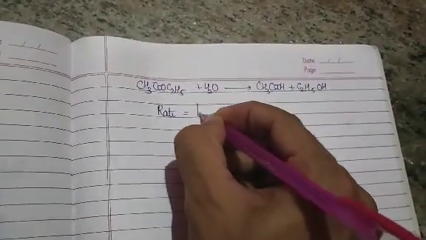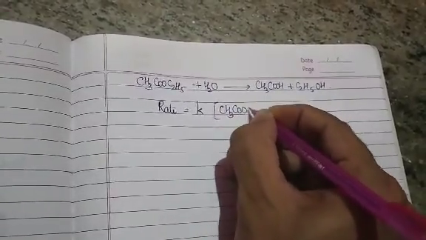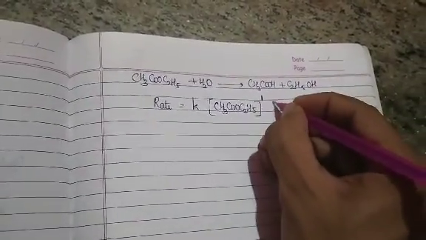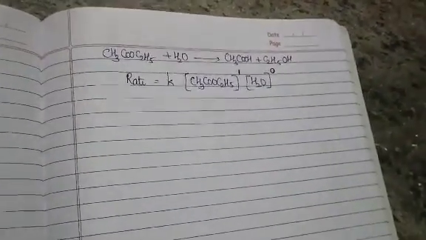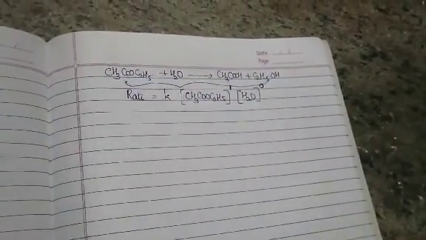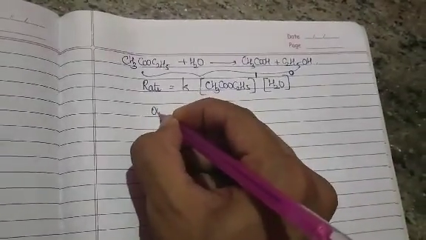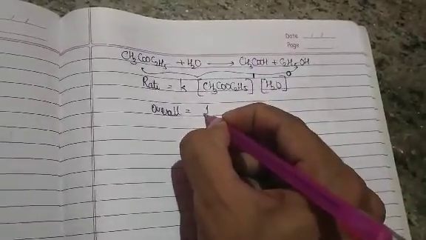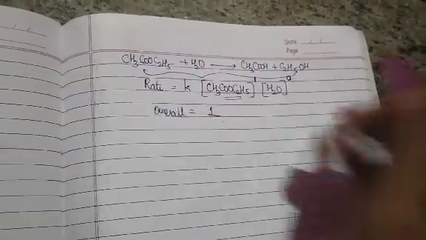Rate is equal to k times the molar concentration of CH3COOC2H5 to the power of 1, whereas H2O to the power of 0. Can you please tell me, in the acid hydrolysis of the ester, what is the overall order of the reaction? Of course, it is 1 plus 0, that is equal to 1. So acid hydrolysis of an ester follows a first order reaction.